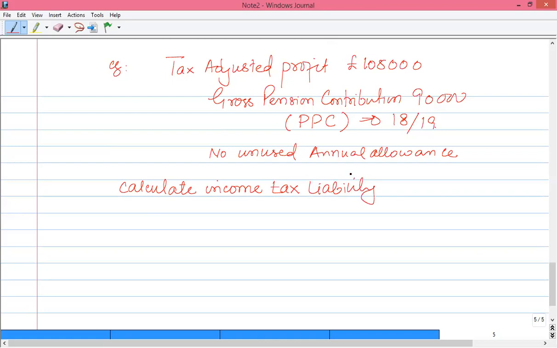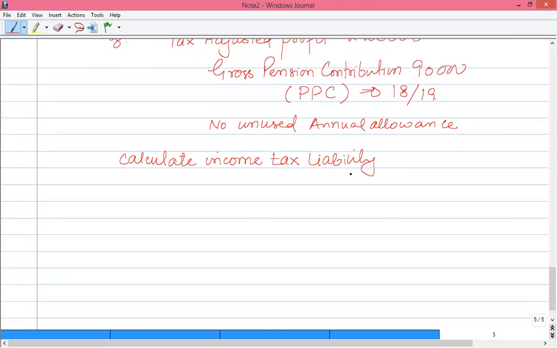Now, first of all, let's see that we have gross contribution exceeding the annual allowance. We have gross contribution of 90,000, and the annual allowance of the current year is only 40,000.